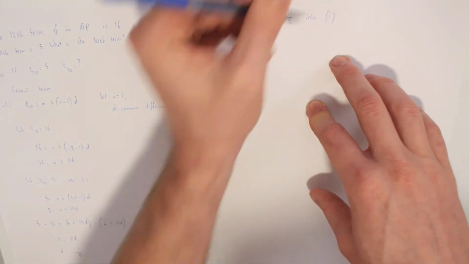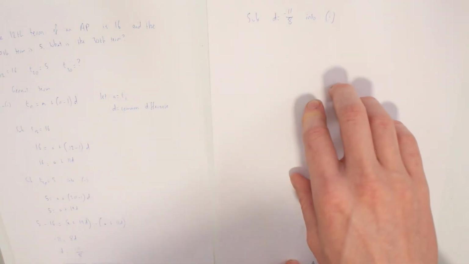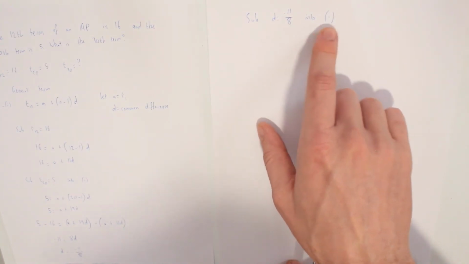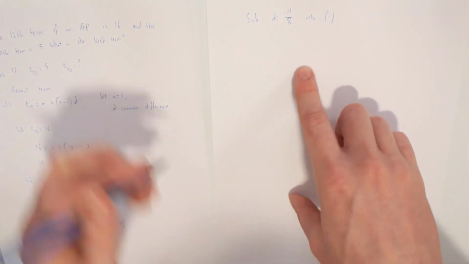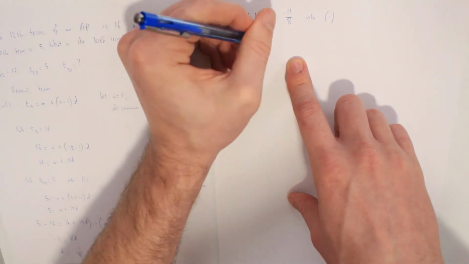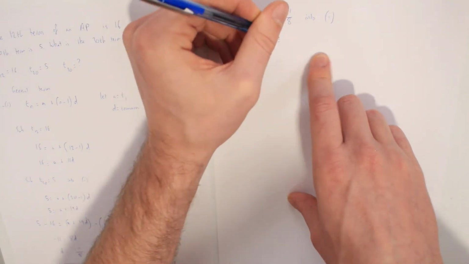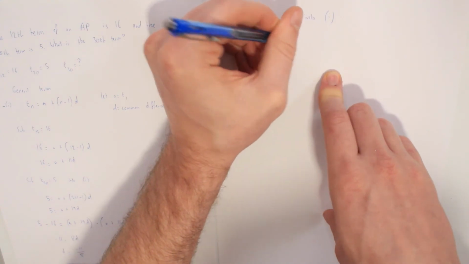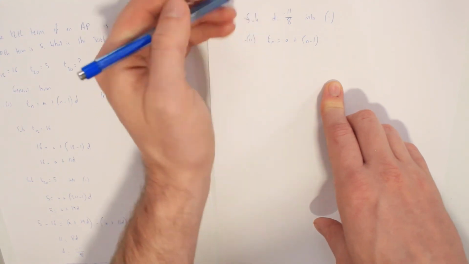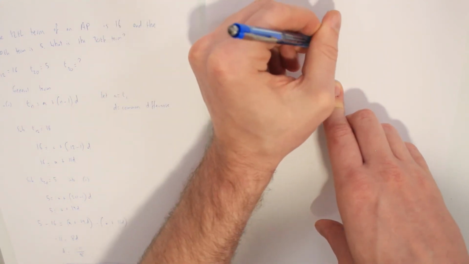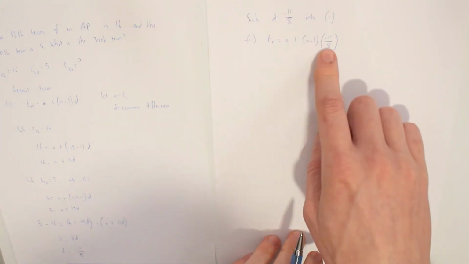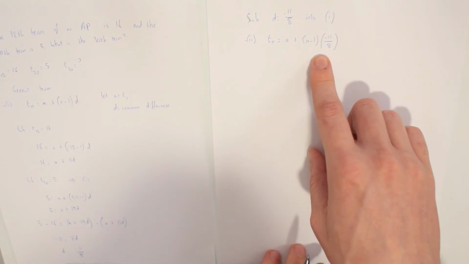All we're doing is subbing d equals negative 11 over 8 into equation 1, and we can call this equation 2 here. That will get us Tn equals A plus n minus 1 all times d, which we now know is negative 11 over 8. I'll put that in brackets just so we remember that this is a multiplication.